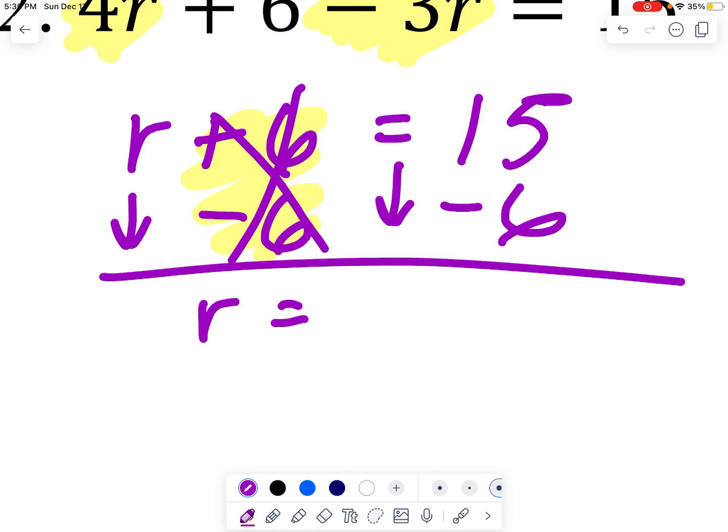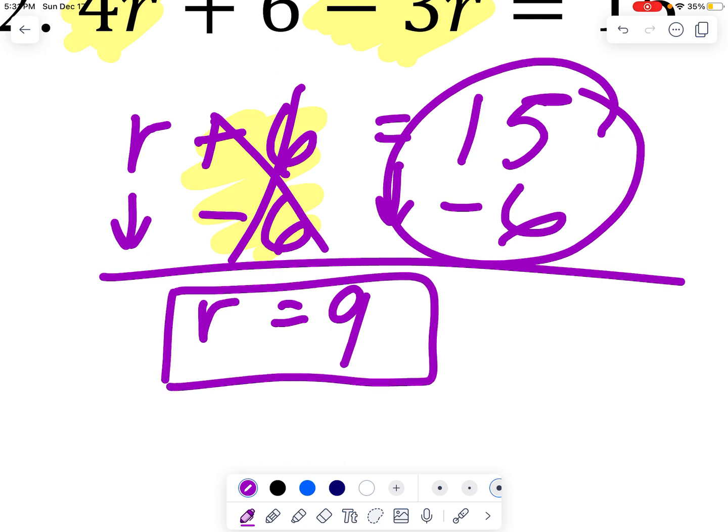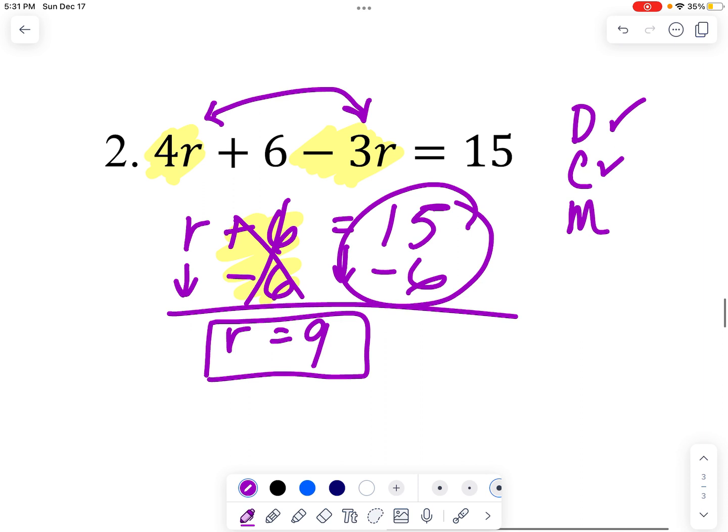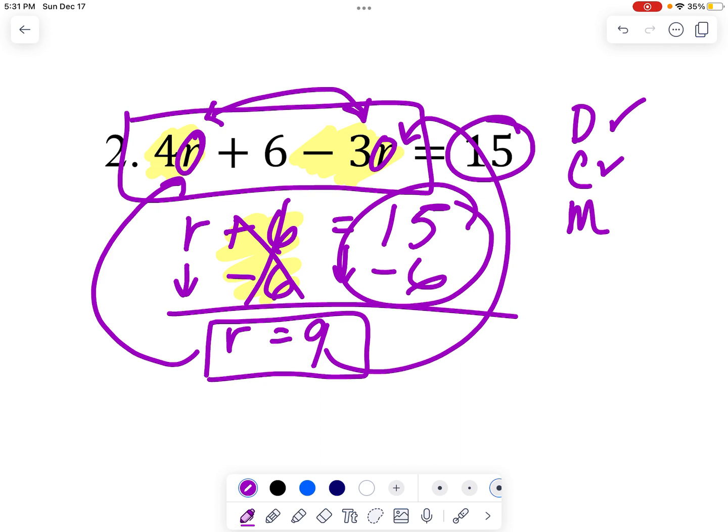And we're going to do 15 minus 6, which is 9. That comes from here, 15 minus 6. And that's your answer. So R equals 9. And you could check this one as well. It's just this time there's 2 places where R is. So you'd have to put 9 here, and you would have to put 9 there. And you would do all this math and see if it actually equals 15.